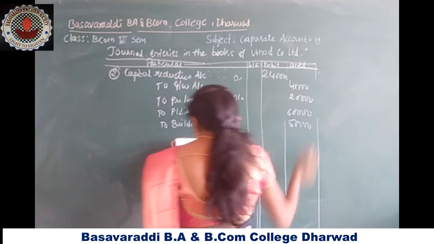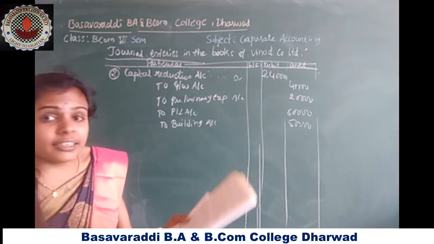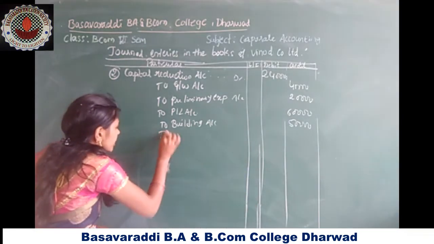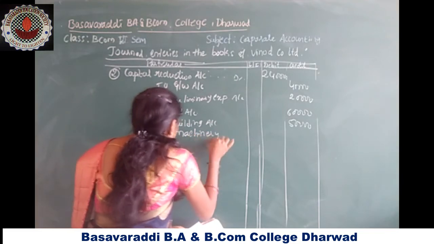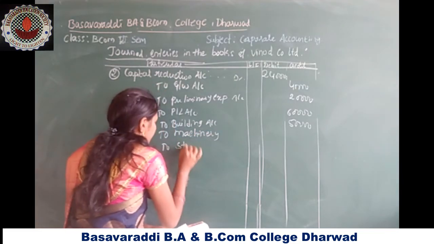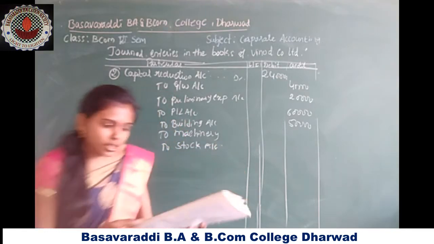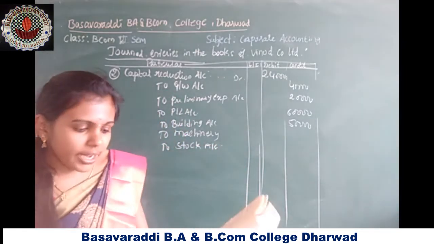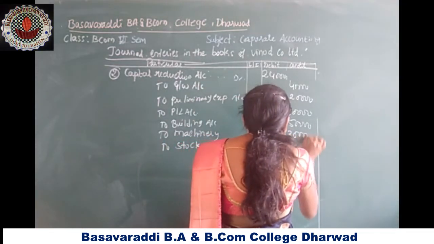Now next machinery and stock. To machinery and to stock. Now machinery of rupees 30,000 and then stock of rupees 5,000.